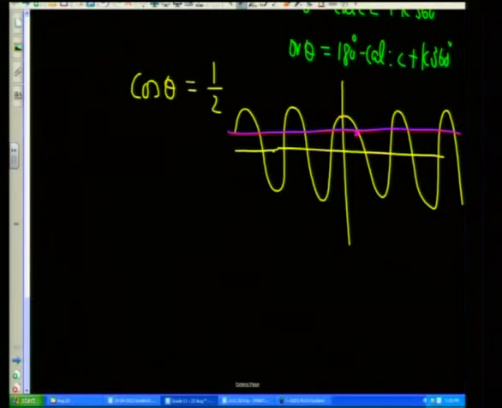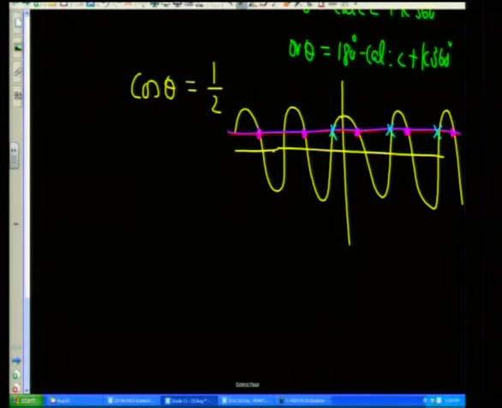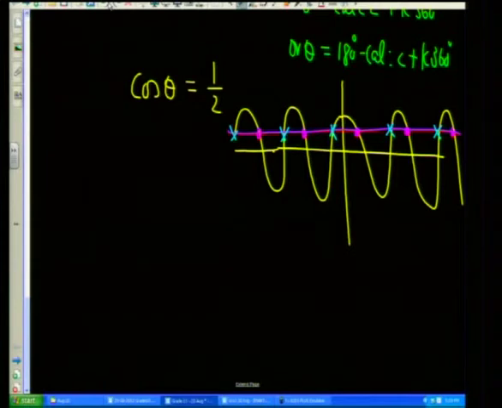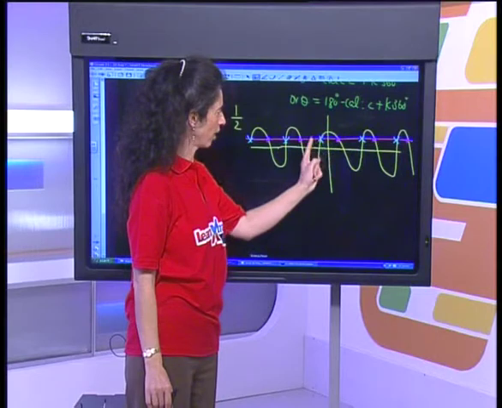So that would be my 60 degrees, and then I would get it again there, and again there, and I would get it over here and over there. So my blue ones this time would be this angle here, that one there, that one there, that one there, etc. Now, the calculator has given us 60, it's given us this one, but can you see that this value here is symmetrical to that one there?